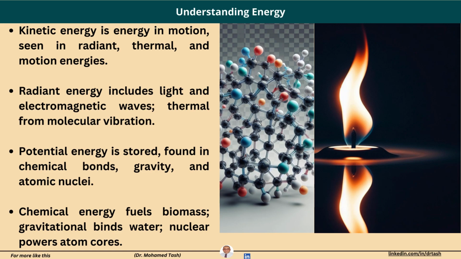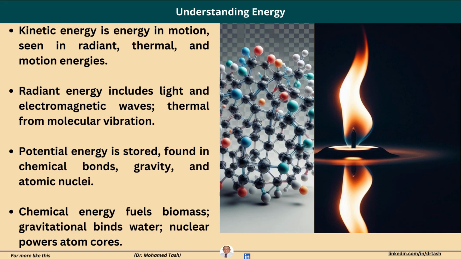Thermal energy results from the motion or vibration of molecules within a substance, similar to the warmth from Earth's geothermal layers. Motion energy describes the energy of objects in transit, such as the energy harnessed from moving air, known as wind energy. Potential energy, in contrast, is the energy held in reserve.